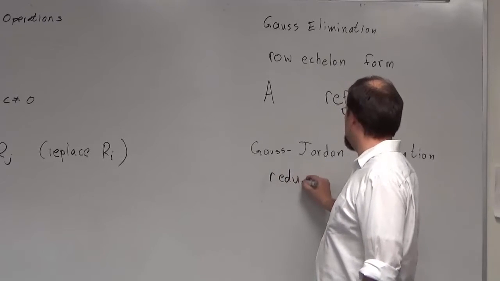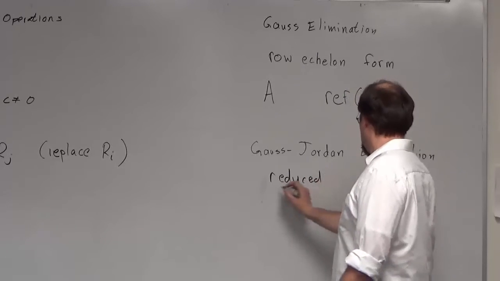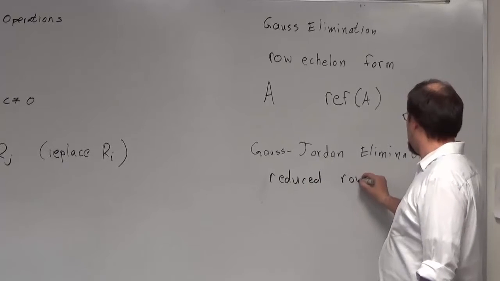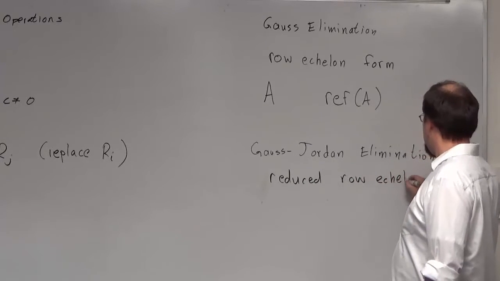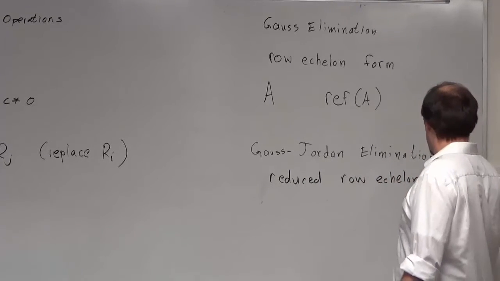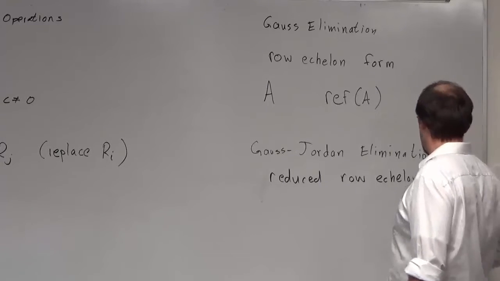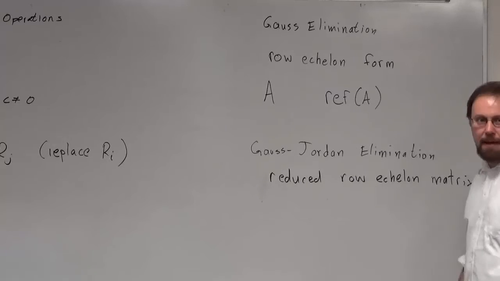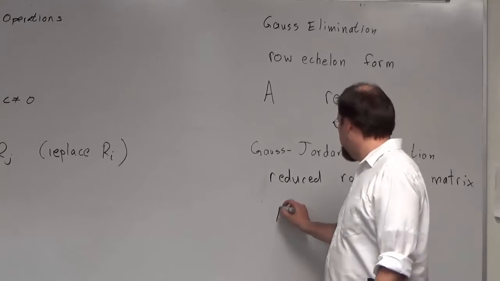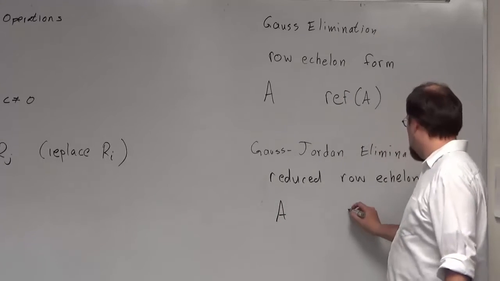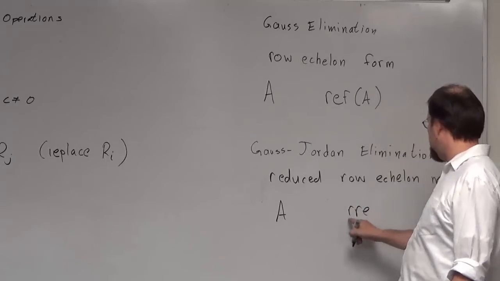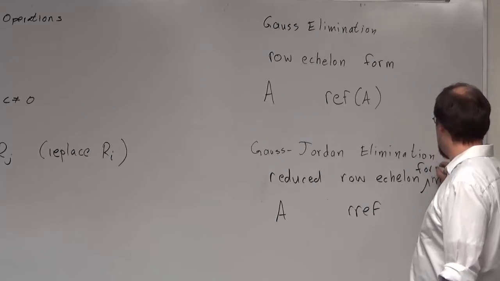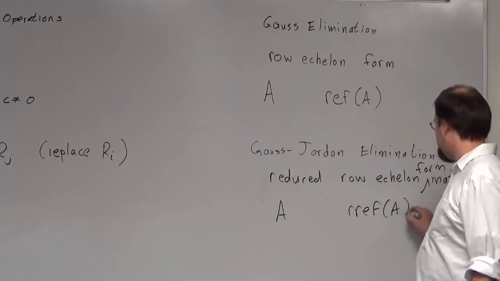Right? That extra reduced piece means just more zeros. And if you're using your TI calculator or even things like MATLAB, this procedure will take matrix A and return the reduced row echelon form of the matrix. And you write that.